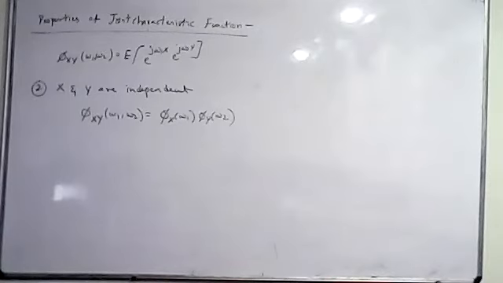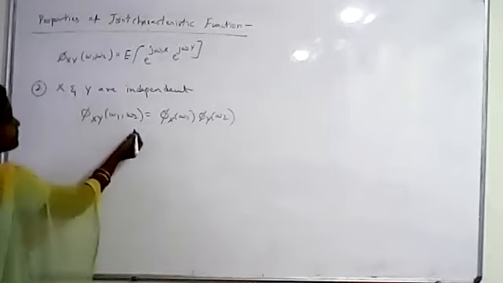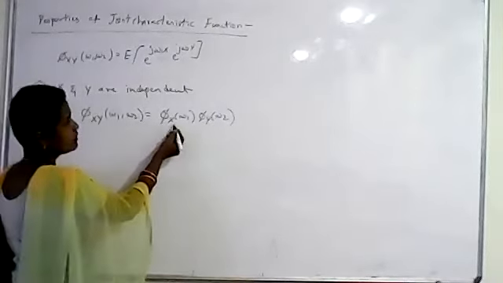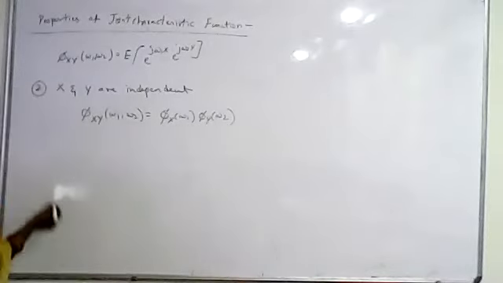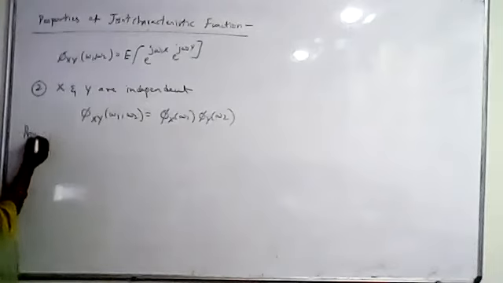So the second property of joint characteristic function is: if x and y are independent, phi xy of omega 1 comma omega 2 is equal to phi x of omega 1 times phi y of omega 2. Okay. Now let's see the proof.